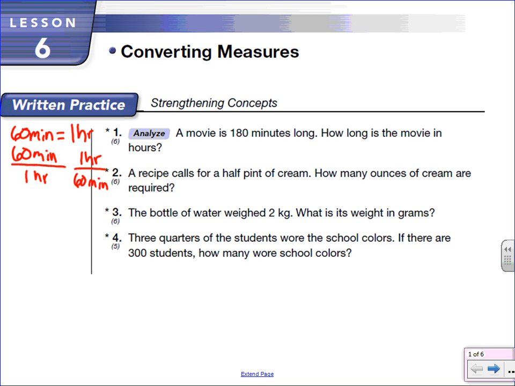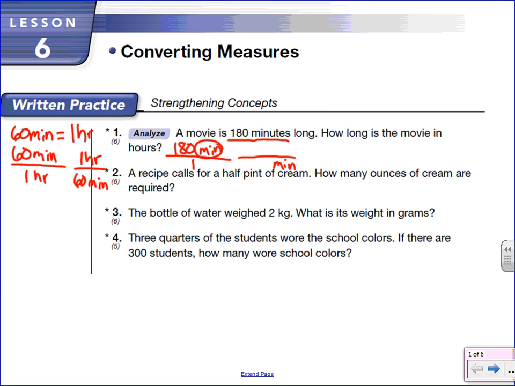So the first thing that we do to start the problem is take the information that we're given and write that as a fraction. So you take the number with its units and write it over 1. The information they give you in the problem will almost always be over 1. In this section, for sure, always over 1. So now, in our next fraction, in order for minutes to cancel out, I need to have minutes in the bottom of this fraction over here.